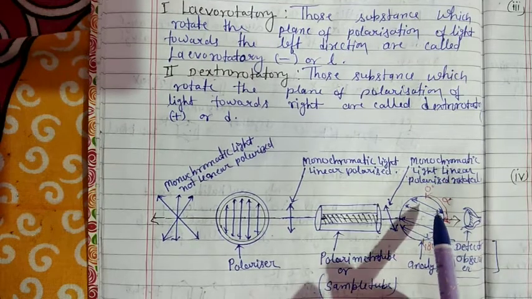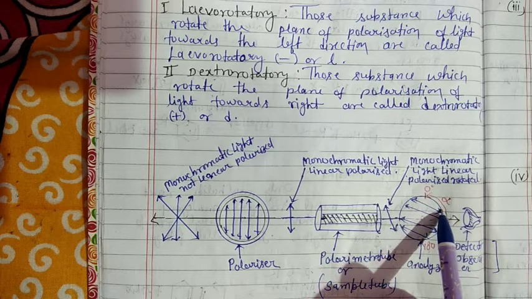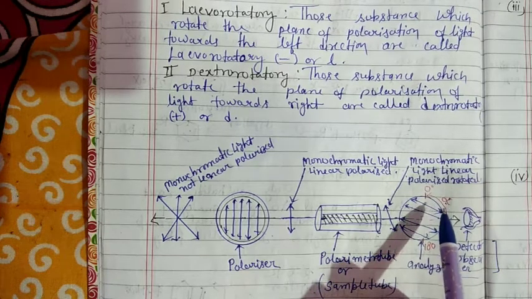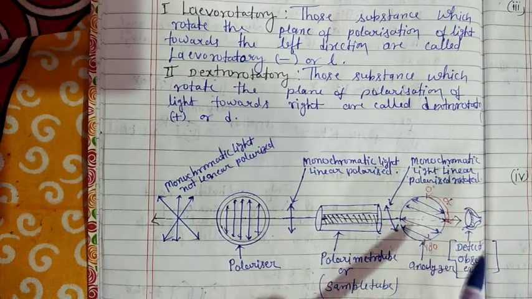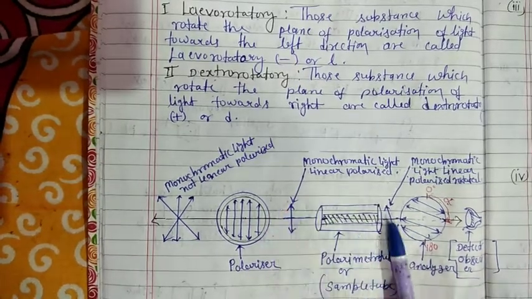If the angle of rotation is alpha, it is rotated either left side or right side. So this is the instrument for optical rotation of plane polarized light.